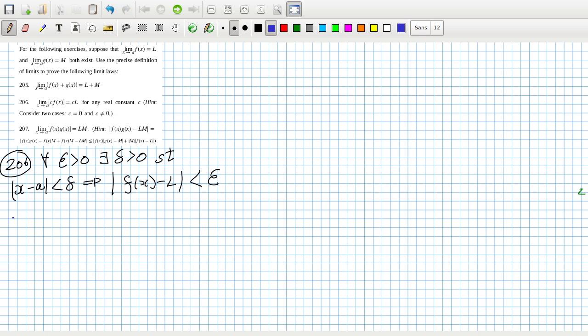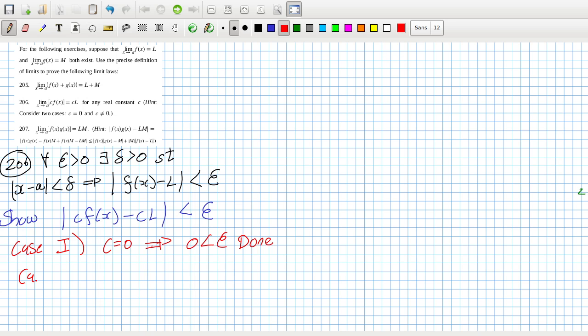Now, we need to show what I just had a moment ago: we need to show that |c f(x) minus cL| is less than epsilon. So there's two cases. Case 1, c equals 0. Then that means we have 0 less than epsilon, so we're done.